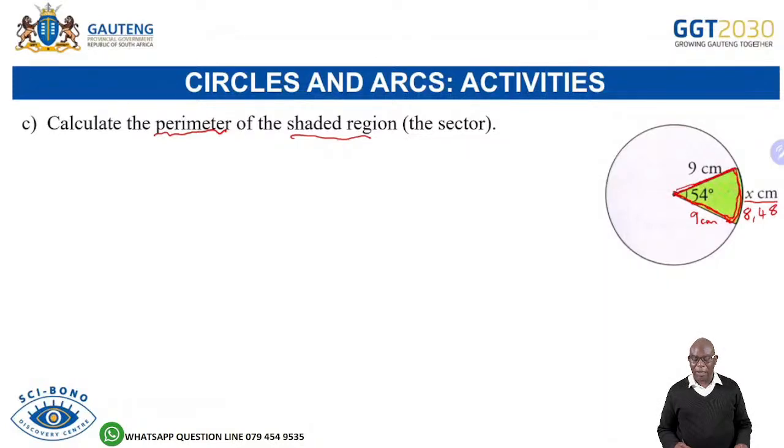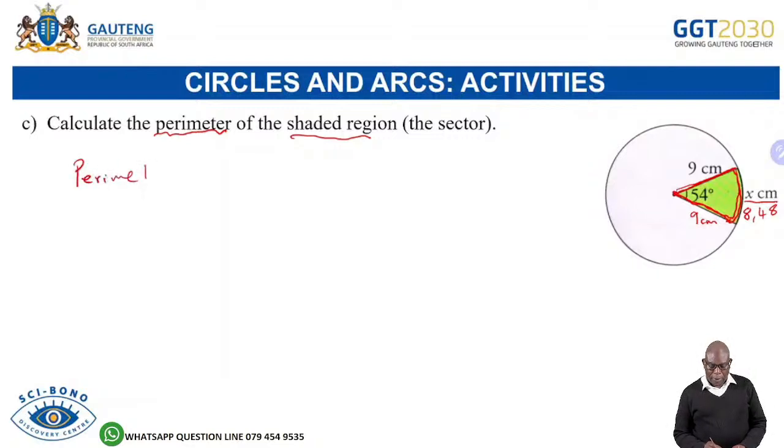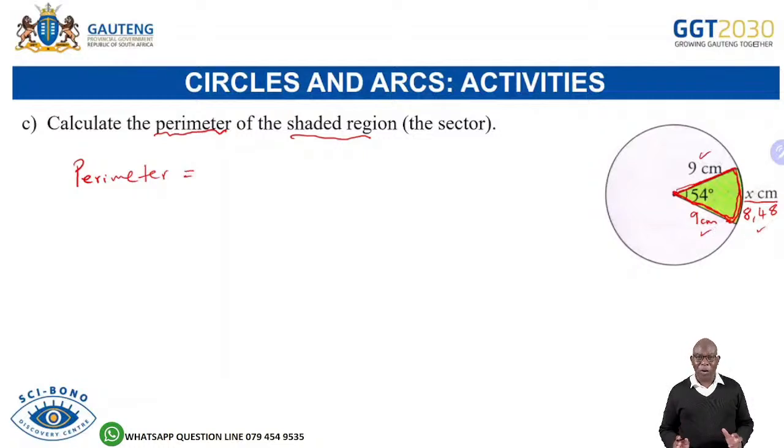So my perimeter is going to be the 9 centimeter plus the 9 centimeter plus the 8,48. So I add all the sides. So perimeter means I must add all the sides of that figure.